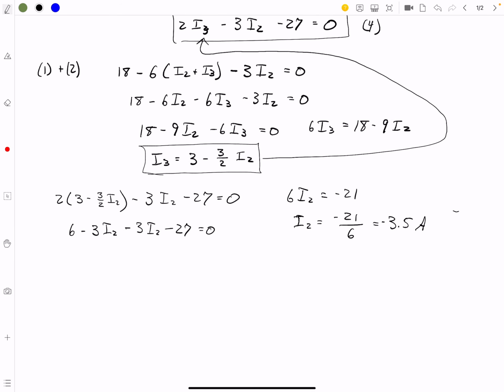We've got this thing that says I2 is equal to 3.5 amps. Now we can figure out what I3 is real quick. I3 is equal to 3 minus 3 halves of 3.5. What is that? Where's my calculator when I need it so much?